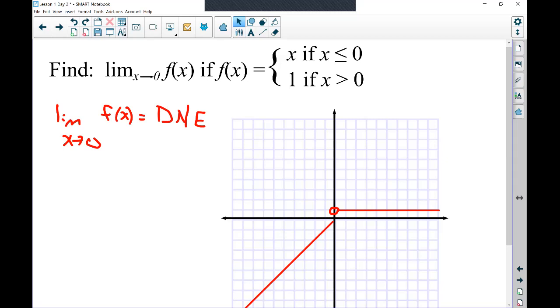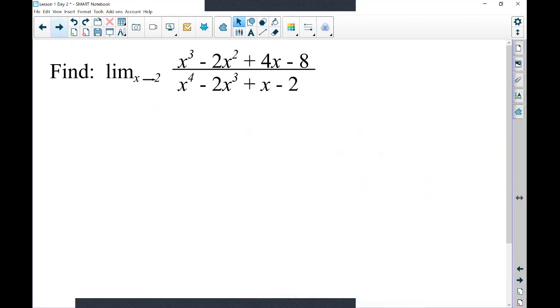The last example they had in the book, I found interesting, but kind of disappointing, the way that they solved it. So they have this expression, and they say, find the limit. And it says, using a graphing utility to find the limit.